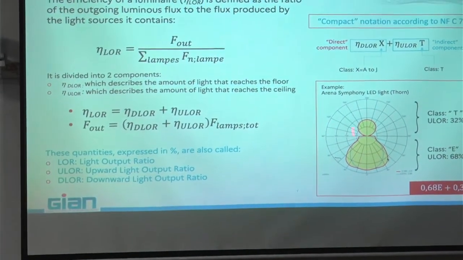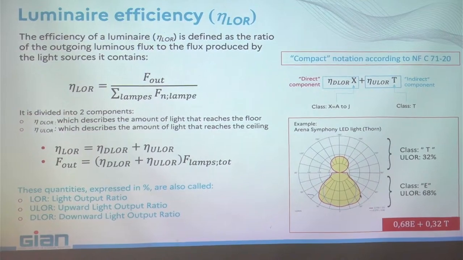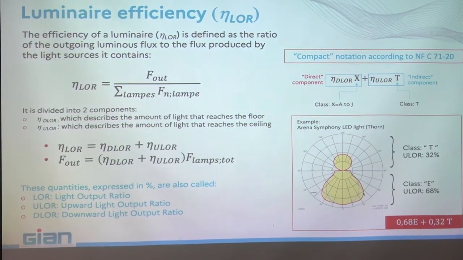If you cut the fixture in two, one upper and one lower, you can say if I have 1,000 lumens, how much lumens I will have upwards and how much downwards.